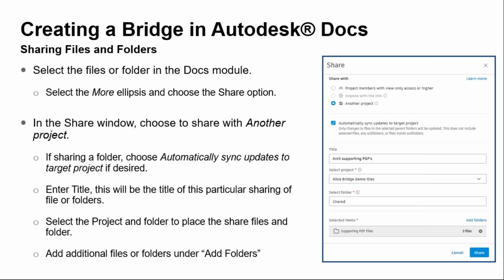If a folder was selected to share, then the option to automatically sync updates to the target project will be available to select. Enter the title for the bridge, and select the project and folder to place the shared files or folder into. Once Share is selected, you'll see a confirmation and an email will be sent when all the items have been added.